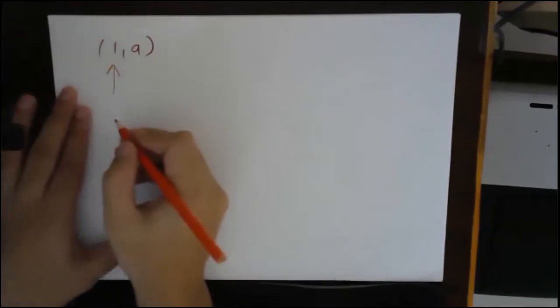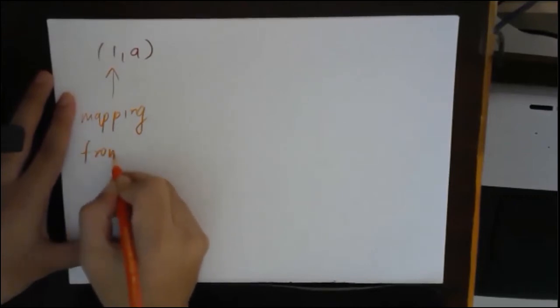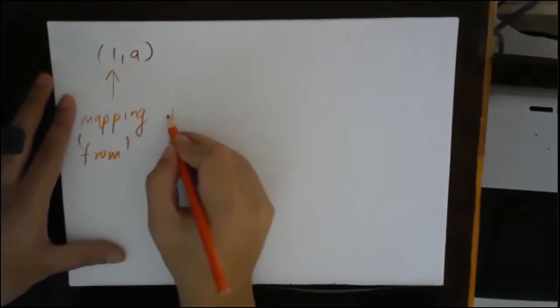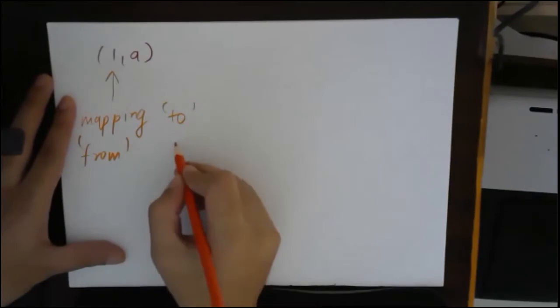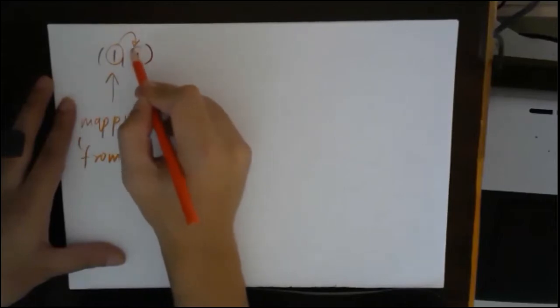So for the sake of similarity between everyone who is looking at this 1 comma a, what we will understand by this is that this is a mapping which is done from some set which contained an element 1 to some set which contained element a.